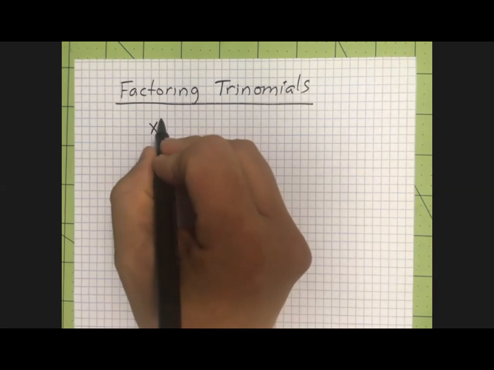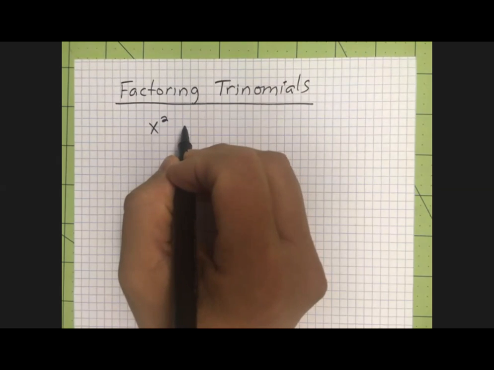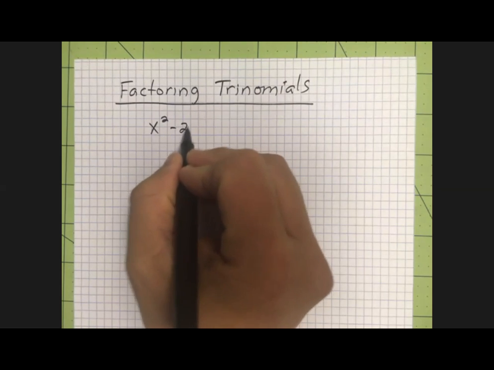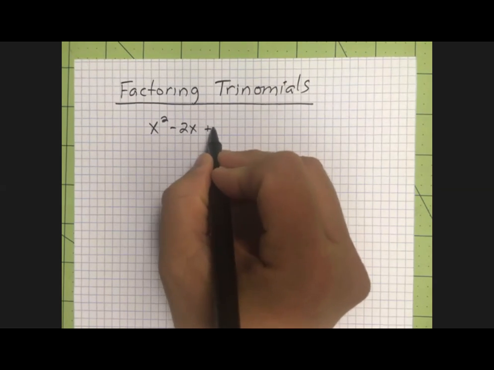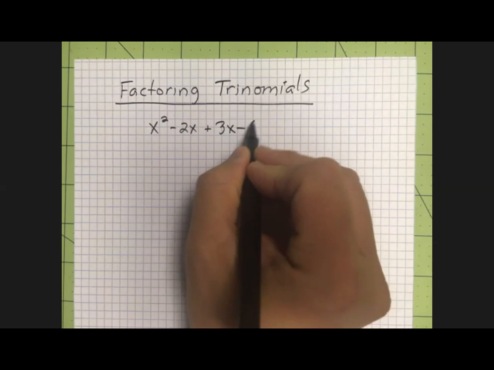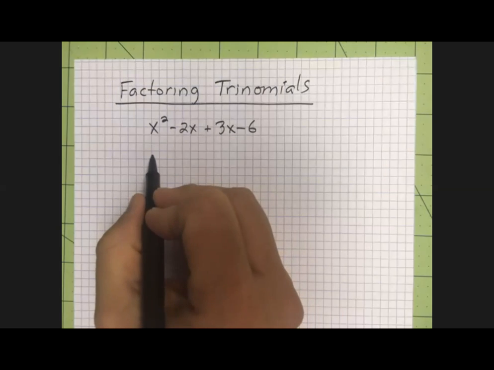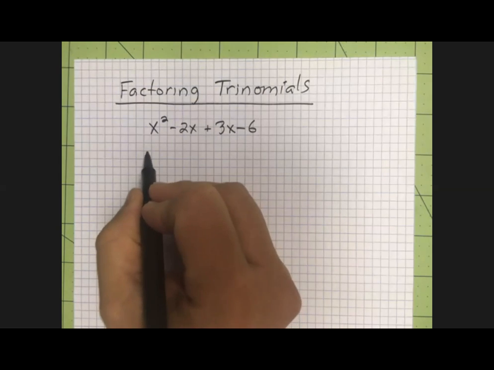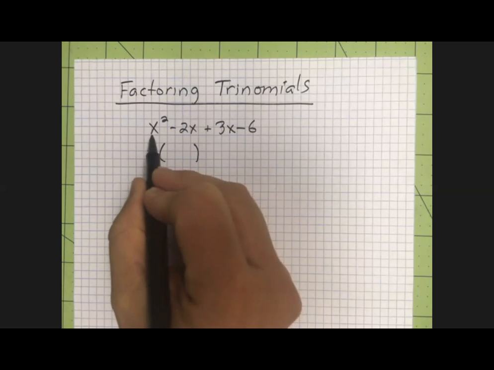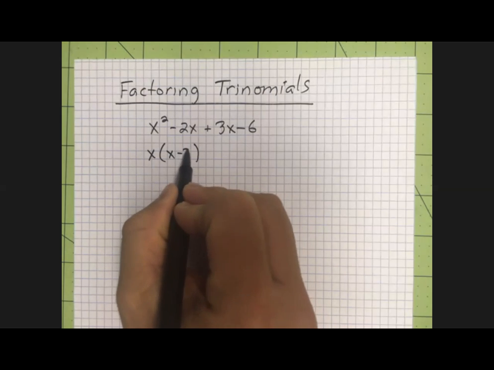If I write x squared minus 2x plus 3x minus 6, think about grouping. These are not large numbers. So you could say, oh, I see a common factor of x minus 2.